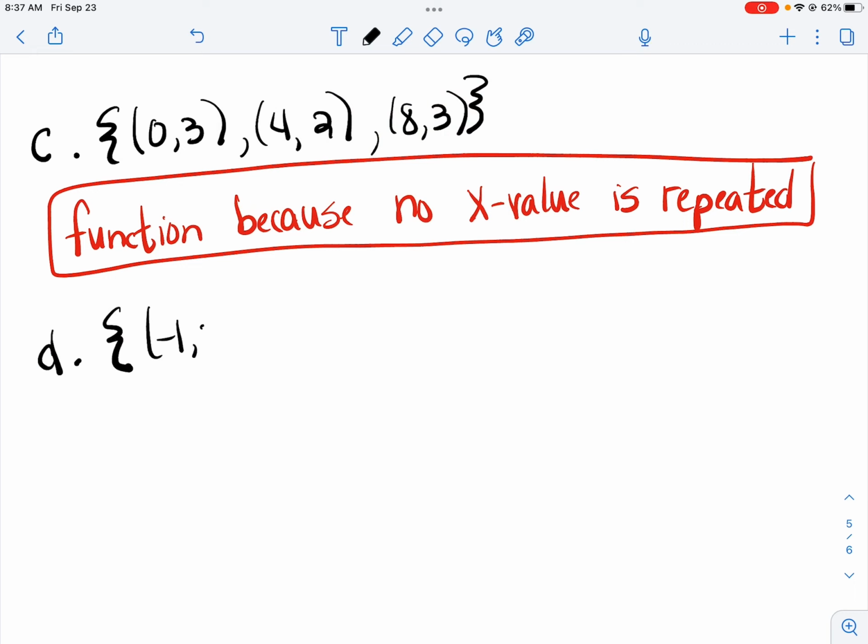In part D, again, we have a list of points.